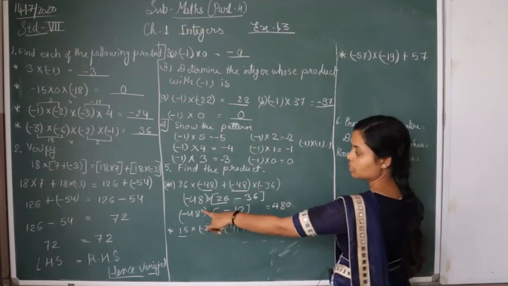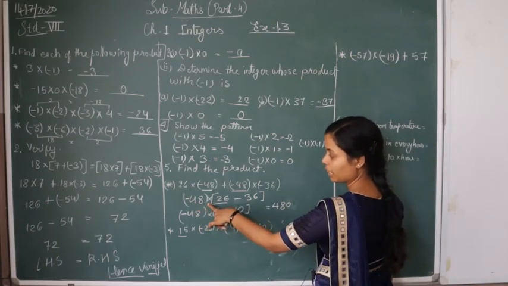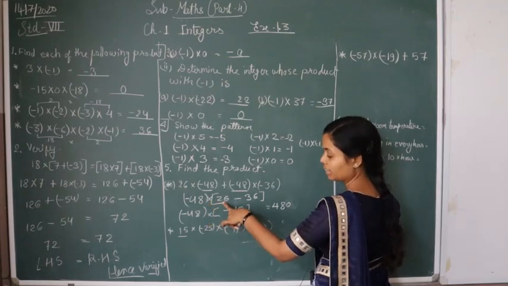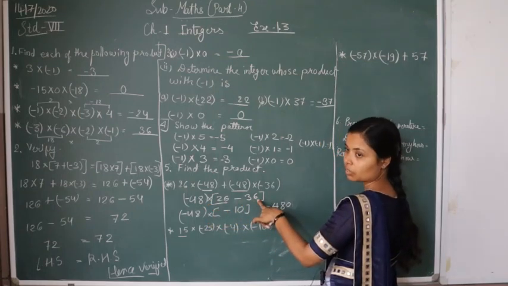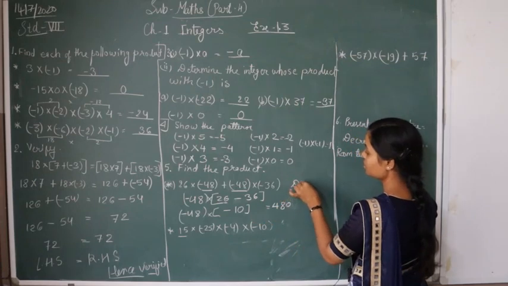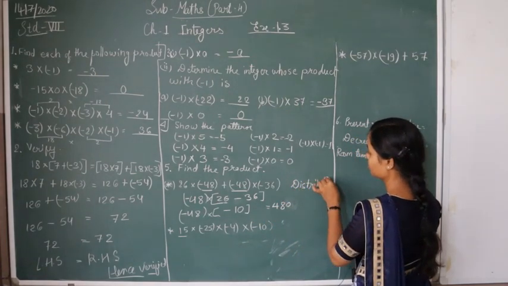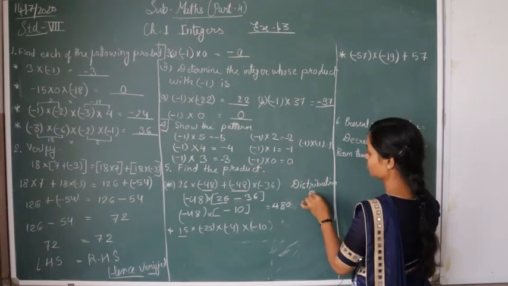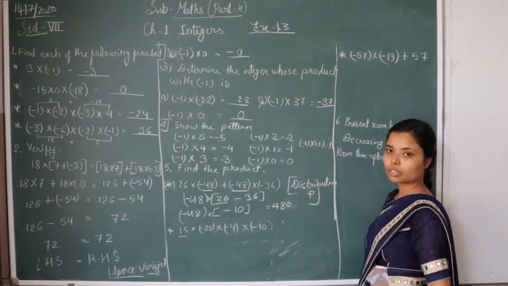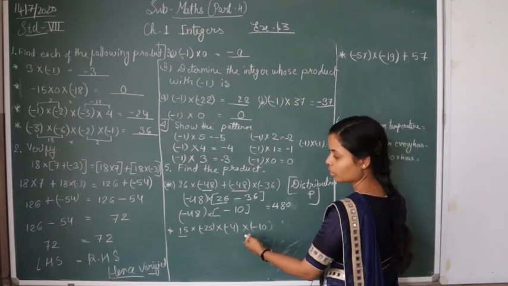Okay, so this is like A multiplied by bracket B minus C. We have looked at this. This is the distributive property.